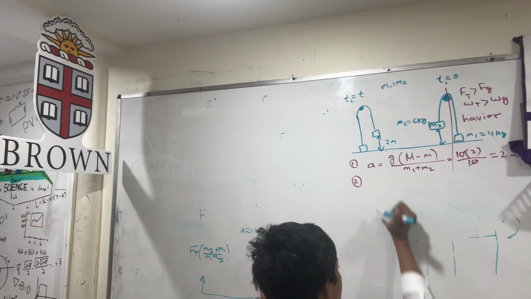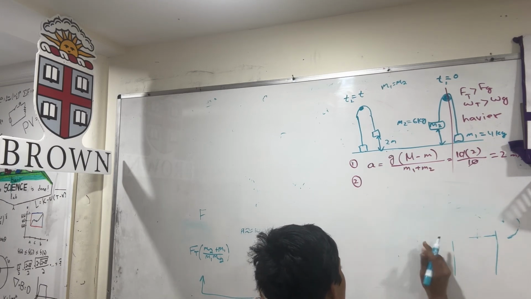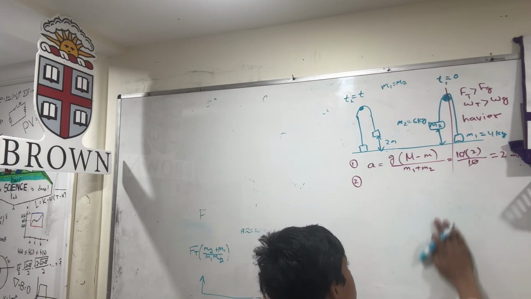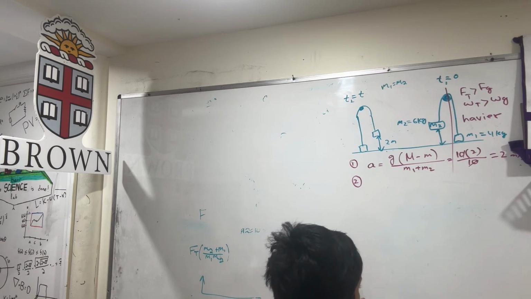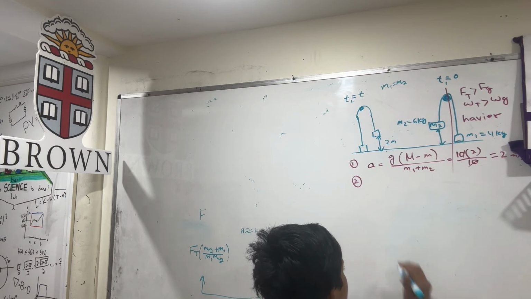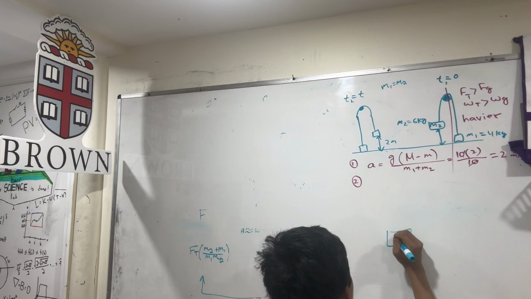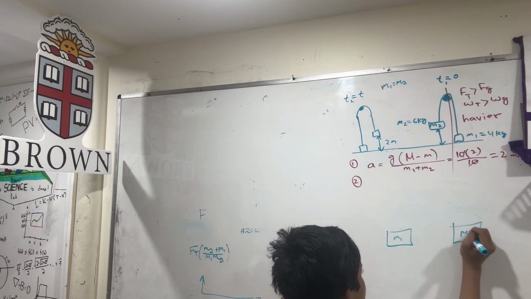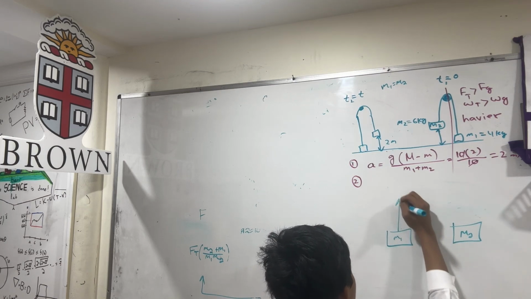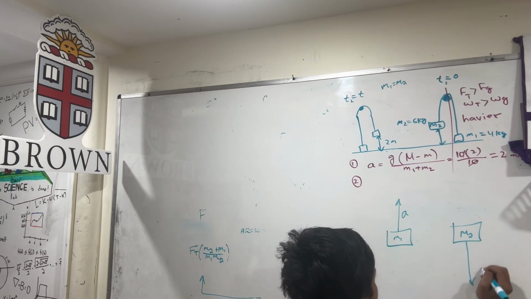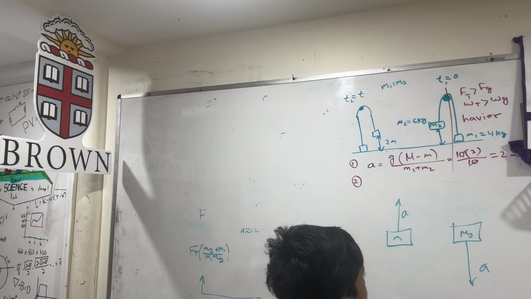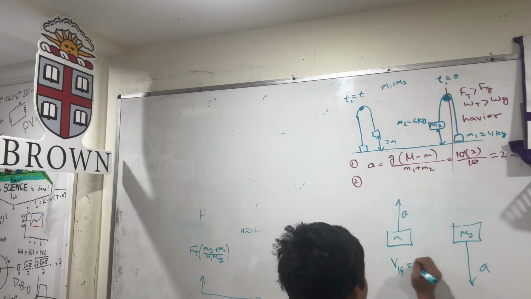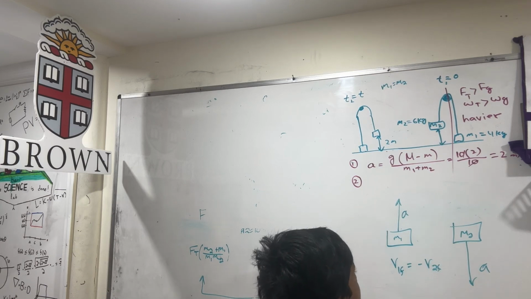Okay. So can you find the final velocity of mass 1 at the end of 2 meters? Well, here's the thing. Mass 1 and mass 2 both start at rest, right? And they accelerate with the same magnitude in polar opposite directions, which means that m1's final velocity is equal to negative m2's final velocity.